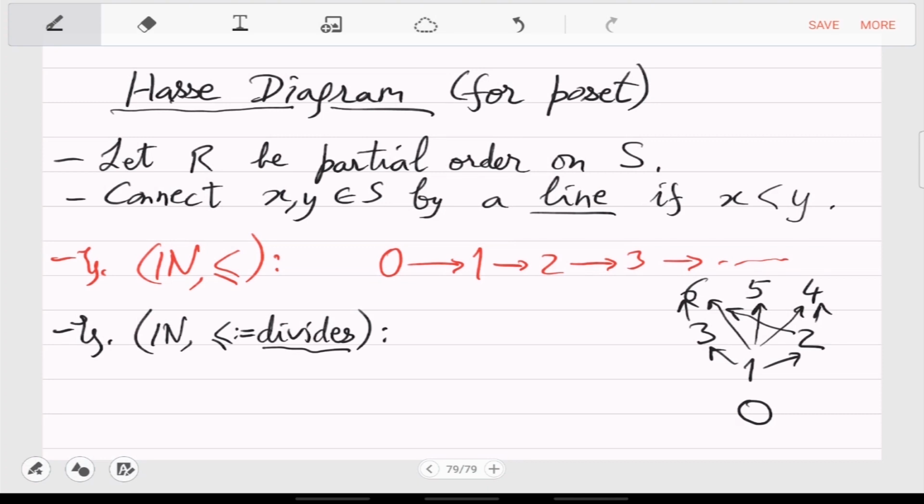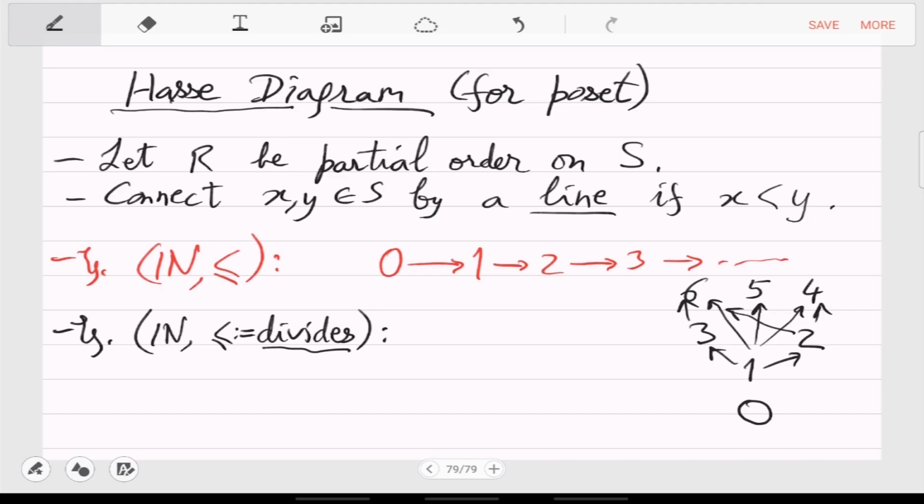Is that fine? Right, multiples of 2 are 4 and 6, of 3 is just 6. 4 is nothing, 5 is nothing, 6 is nothing. So there are also self loops, because it's reflexive, but we skip the self loops.